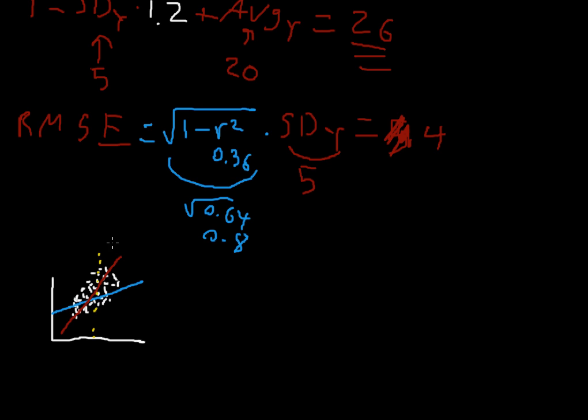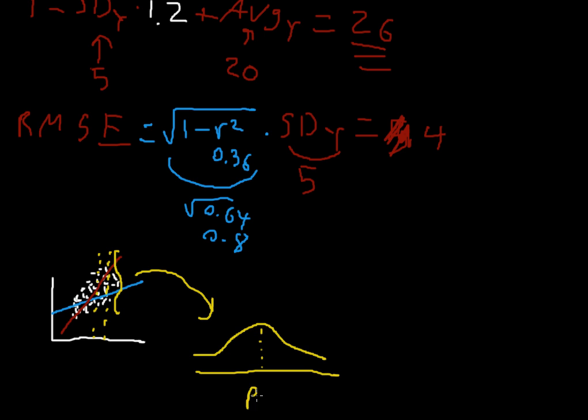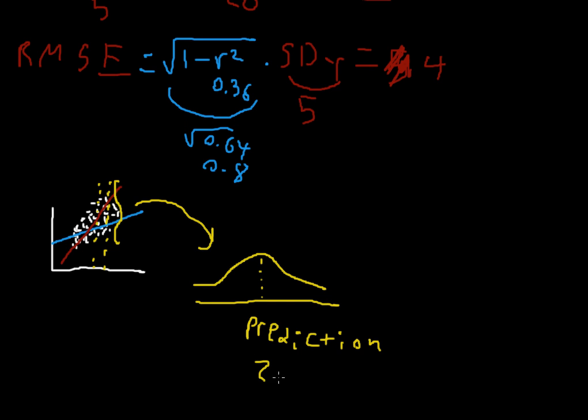Now if I flip it, what I get is a normal curve with mean your prediction, in this case 26, and standard deviation the RMSE. That's this distance over here. So that's why we can use the RMSE to do our nice little normal curve tricks.